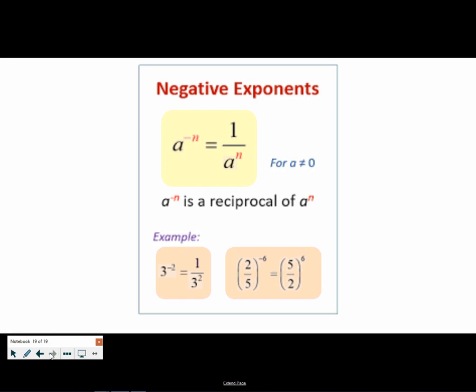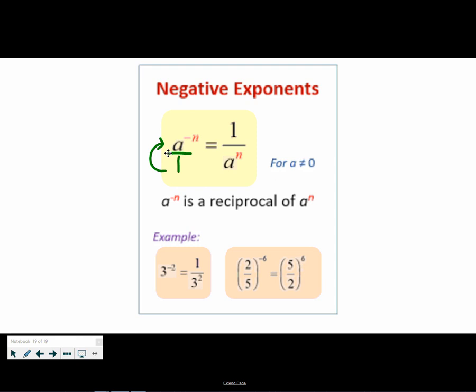So the rule is, for a negative exponent, you find the reciprocal. It's like it's over 1, so you flip it over, and the exponent becomes positive. So 3 to the negative second is 1 over 3 squared. 2/5 to the negative 6 is the reciprocal, 5 over 2, to the positive 6. So you flip the fraction over and make the exponent positive.